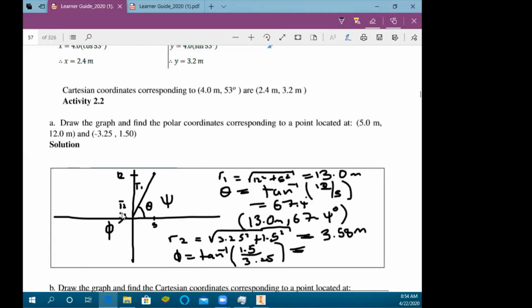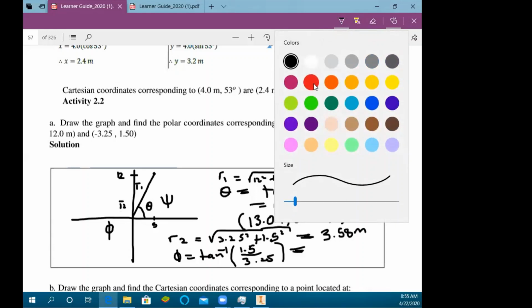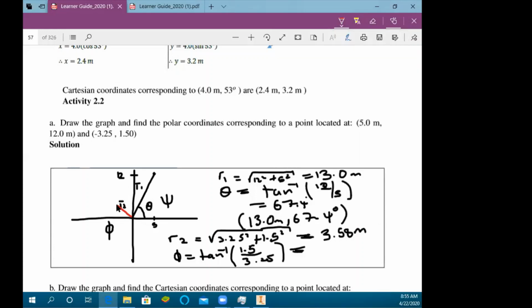Let me use another color here. So now what's the value of this angle? Tan of 1.5 over 3.25.